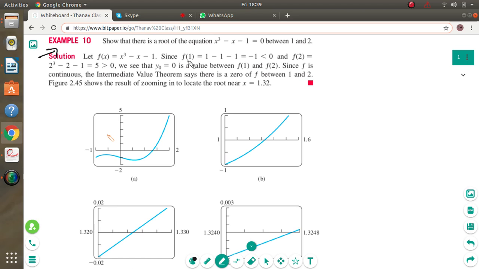Now since f of 1 is equal to 1 minus 1 minus 1, that is minus 1, which is less than 0, and f of 2 is 5, greater than 0. First we will find out the two extremes.